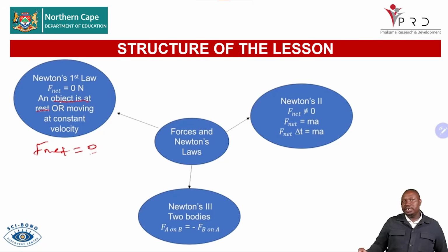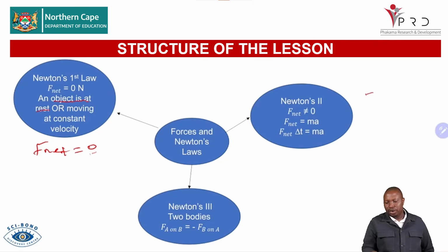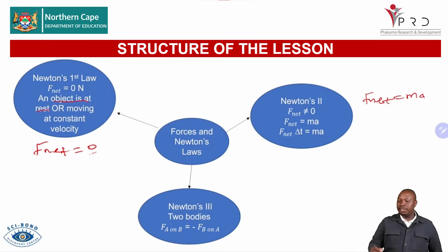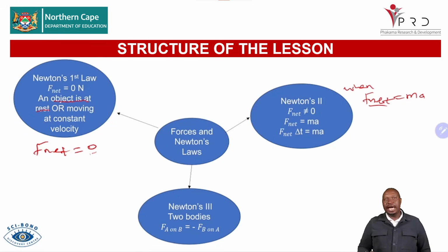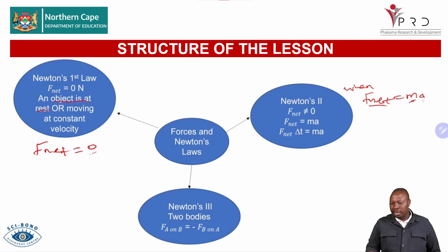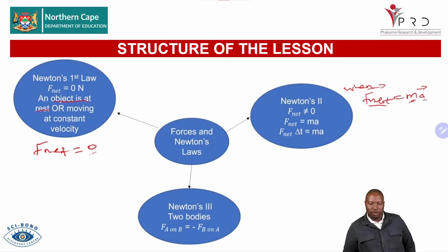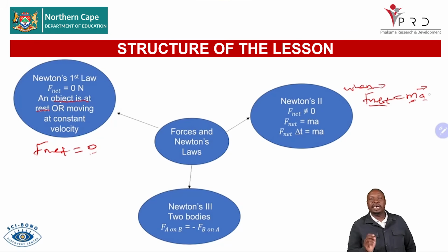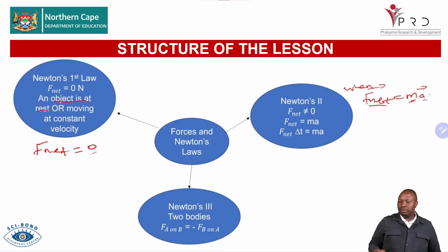Now, Newton's second law: F net is no longer equal to 0, it is F net equals ma. It's there in the data sheet, so if you have forgotten, just go there. The main thing here is that when a net force is applied on the object, remember the object has mass m, the object will accelerate in the direction of the net force.